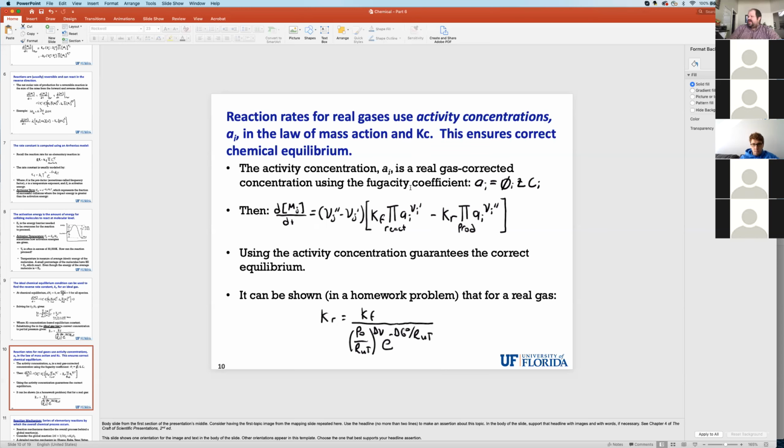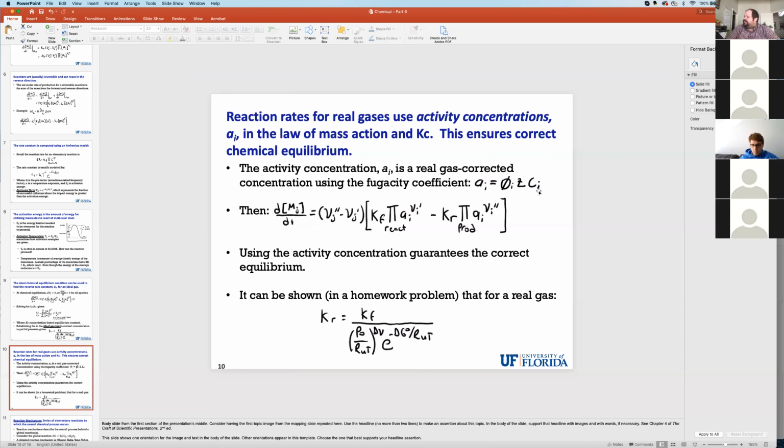And this is a real gas corrected thermodynamic concentration. It's a concentration that is corrected to account for the real gas effects in the chemical reaction process. And you can show, which will be part of a homework problem, that this activity concentration is just the fugacity coefficient times the compressibility factor times the normal molar concentration of species i.